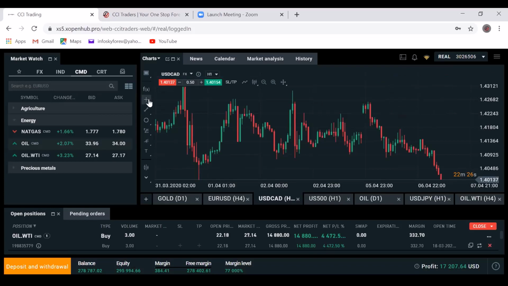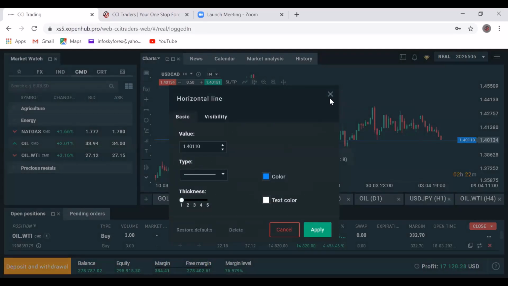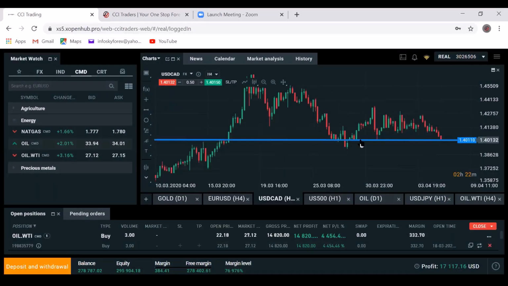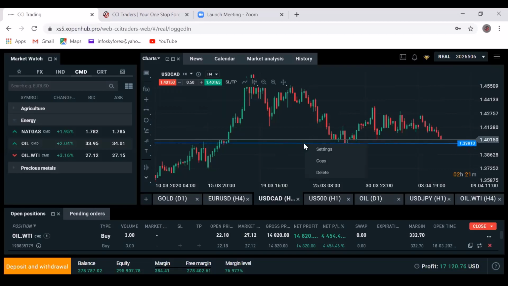This is US Canada. Let me put it on 4 hours so that all of us can see very clearly. This is the 4 hours chart for US Canada. It's currently at a support zone, as you can see here.